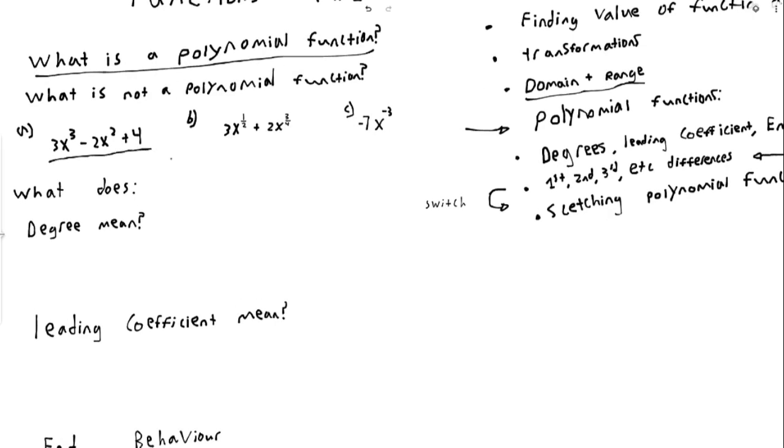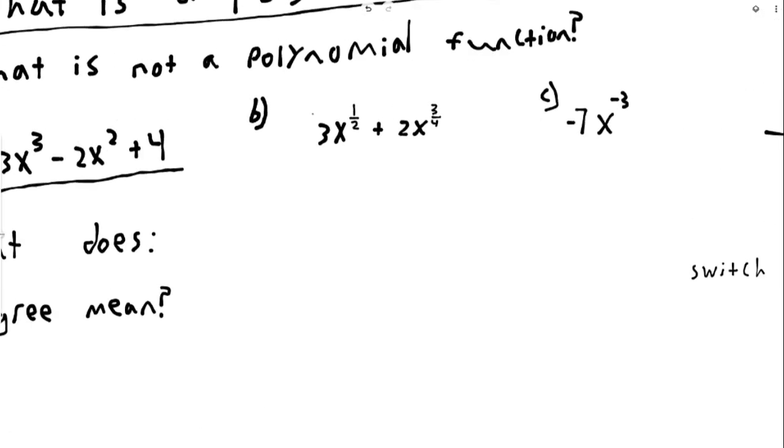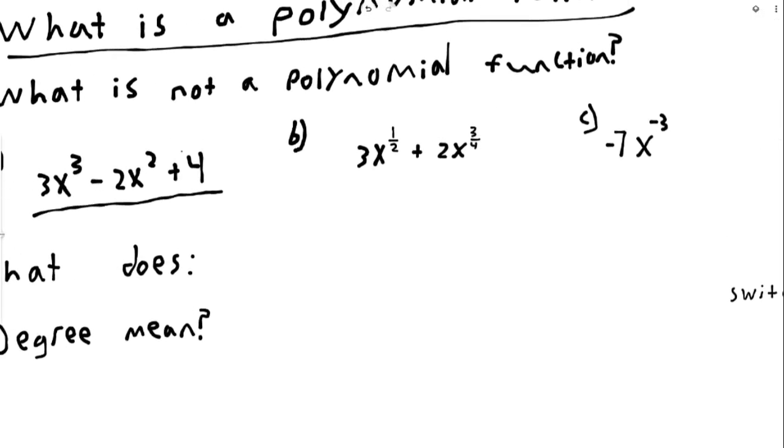And there's a few things that a polynomial function doesn't have. The first thing it doesn't have is exponents that are non-integers. For example, like 1/2 or 3/4, which you can see over here, these are non-integers. So it only has integer values as exponents.